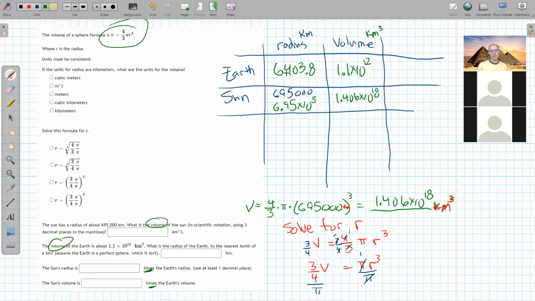Okay. And that will give me the answer. And let's see. So now we can do times bigger. I should say Sun is blank times bigger than Earth.